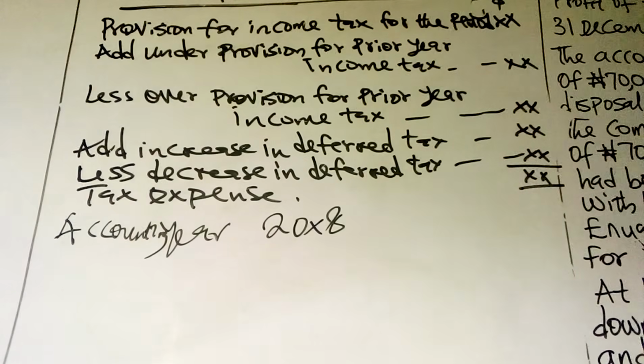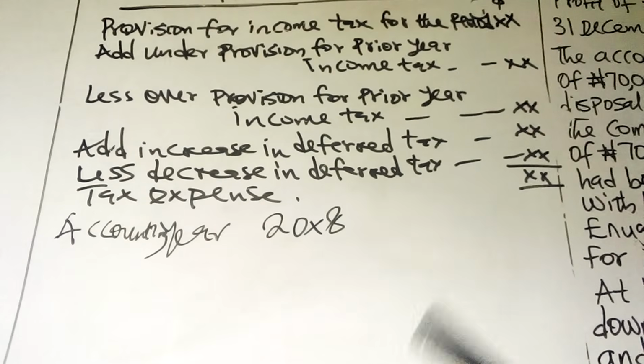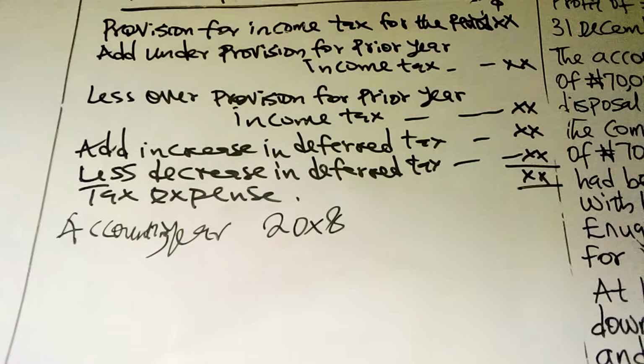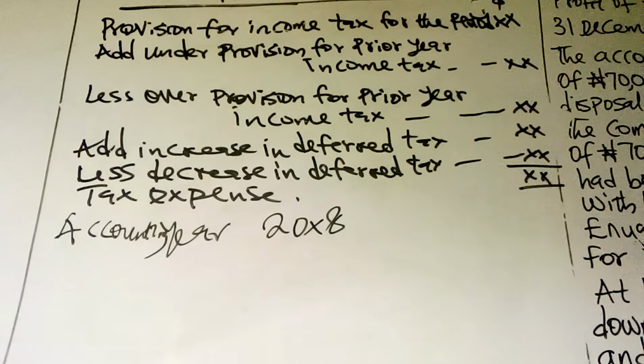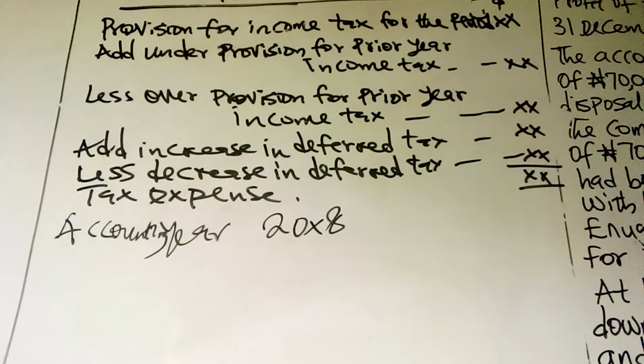The provision for income tax for the year should be in the notes, or you may be required to compute it by applying the tax rate on the taxable profit. So please take note of that. That is how to determine the amount of tax that will be expensed for the period.